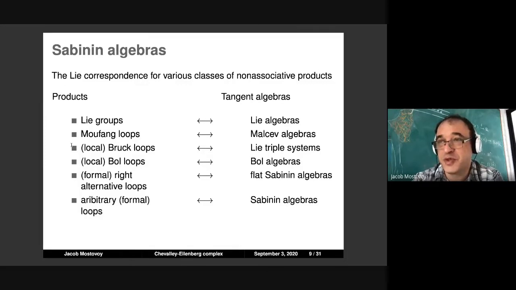So you can write a unital local non-associative product without thinking at all. There are no restrictions. So you can't really expect that a tangent structure to something like this will miraculously give you more information. Sabinin algebras are just kind of derivatives of arbitrary functions. So we don't expect miracles there.